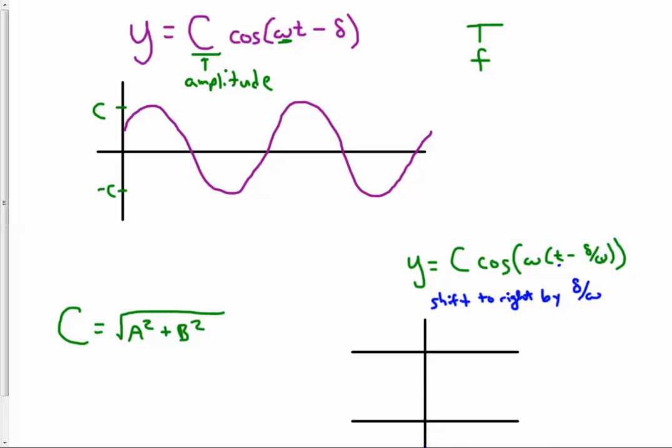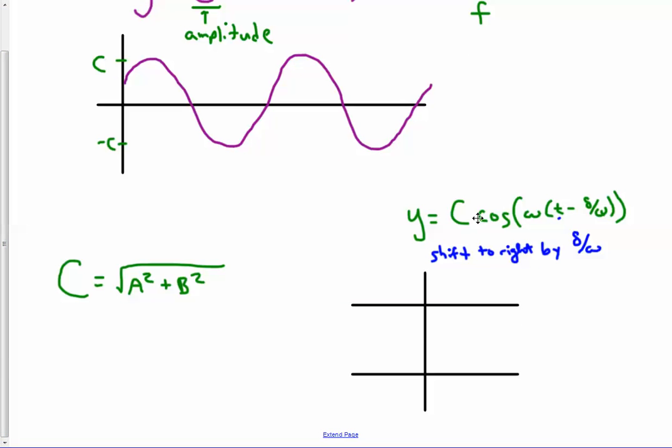So before the shift, we would have a standard cosine, and we know standard cosines start up at their peak. We're going to just shift this over to the right, so it's going to be over here. I didn't mean that to go through the origin.